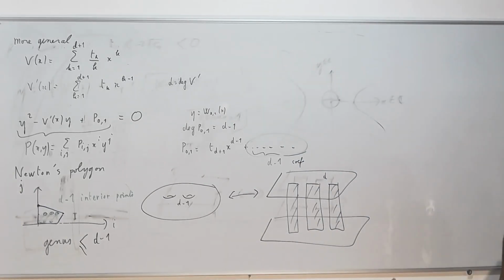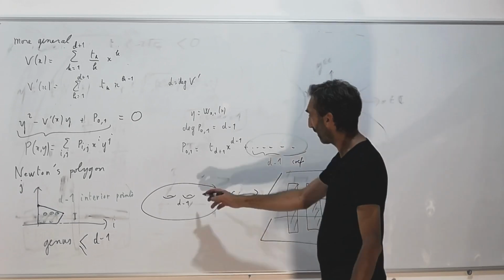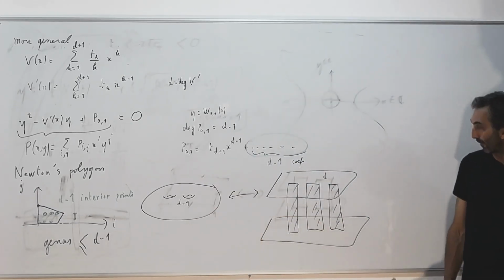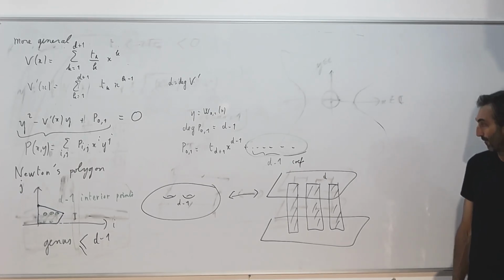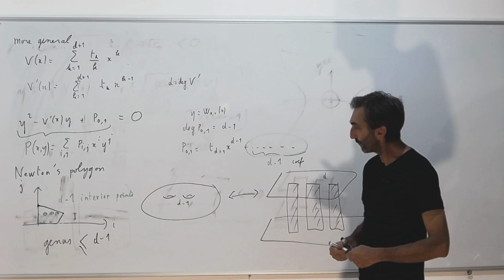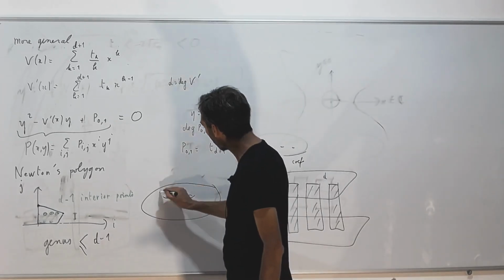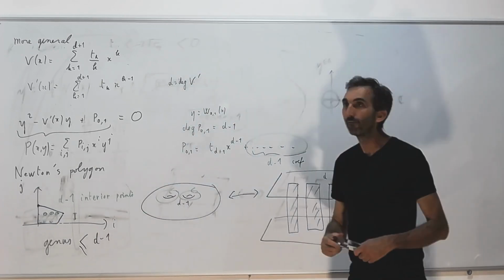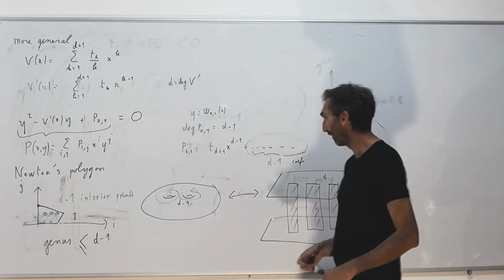There is a conformal map from this to a genus d minus 1 curve. And on a curve of a certain genus, you have some non-contractible cycles. And you have d minus 1, typically, cycles.